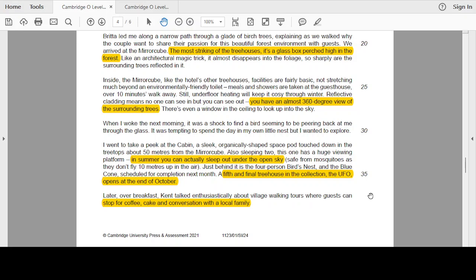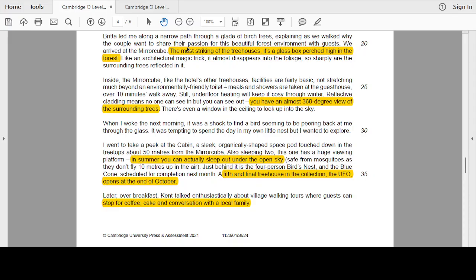Individually, these won't be points, and I also say that because I've gone through the mark scheme. So individually, they won't count as points, but if we look at them together, there's another point over here. They're talking about the cabin, which is another of the tree houses.